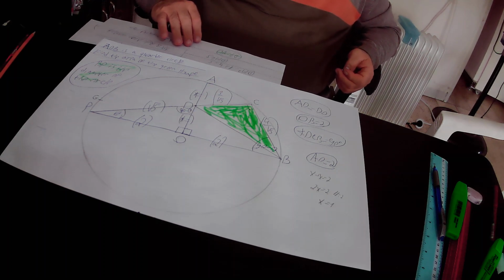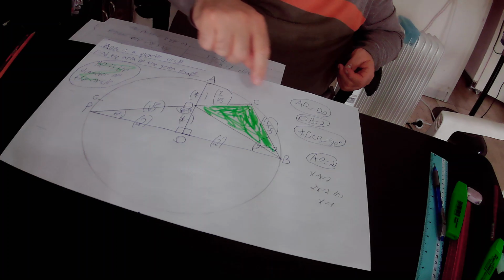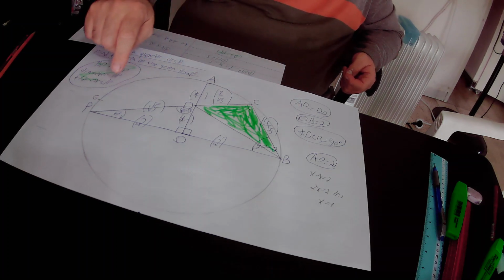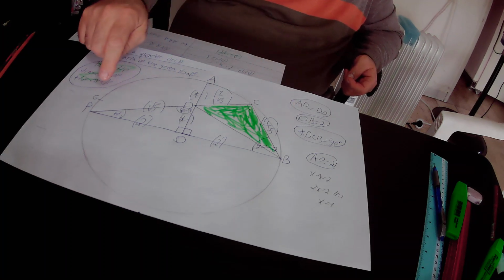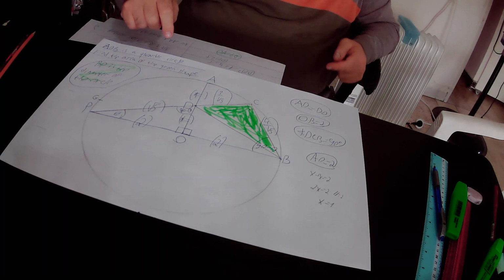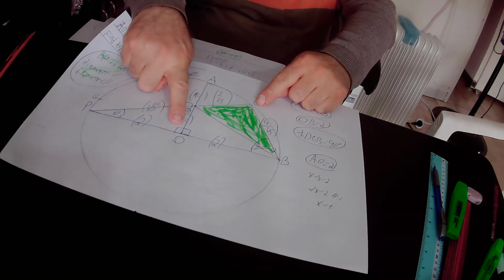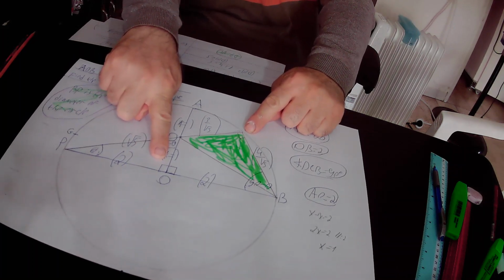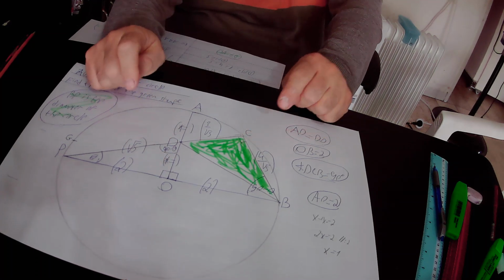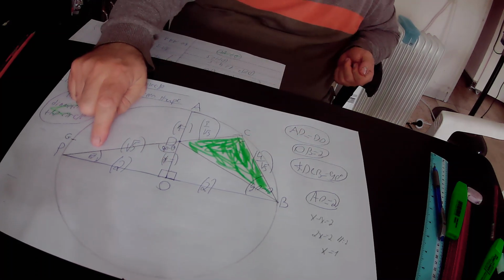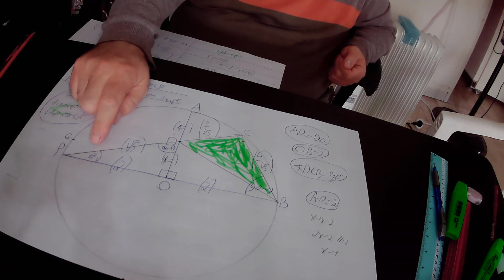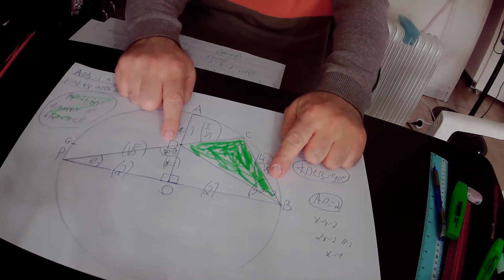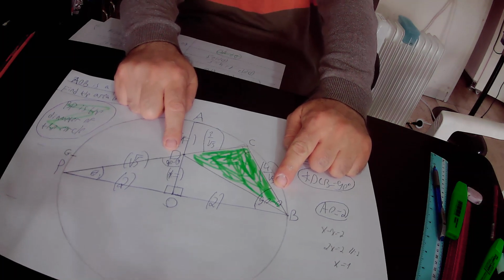In the next step, we proved that the big right triangle PCB is similar to the small right triangle PDO. Why? First of all, those two angles are both equal to 90 degrees, therefore they are equal to each other. In addition, this is angle theta, a common angle that belongs to both triangles, so angle theta equals itself. And finally, those two angles are both equal to 90 degrees minus theta, therefore they are equal to each other.